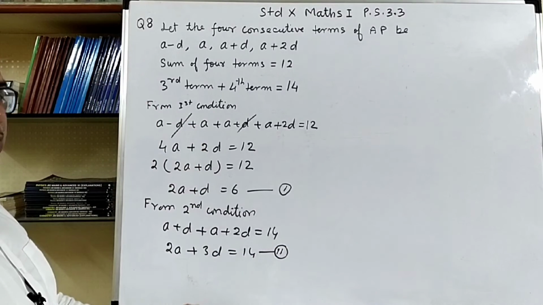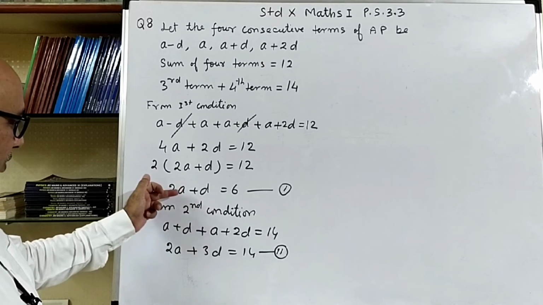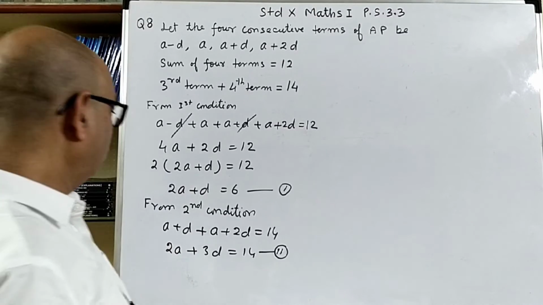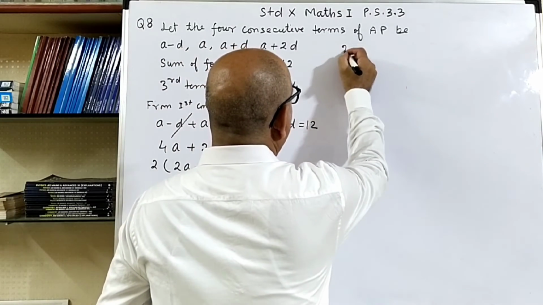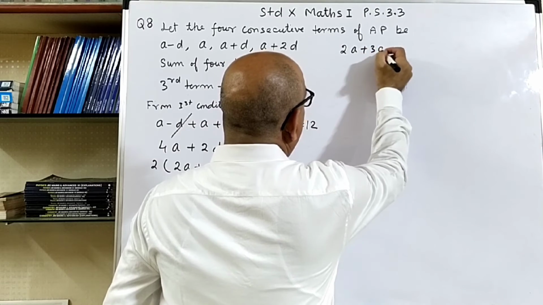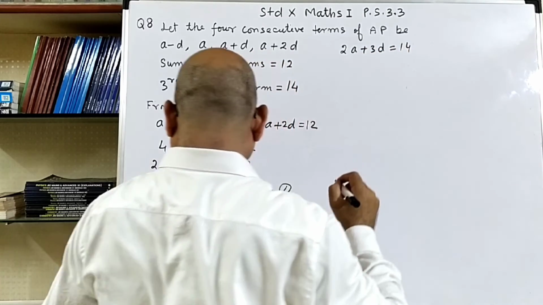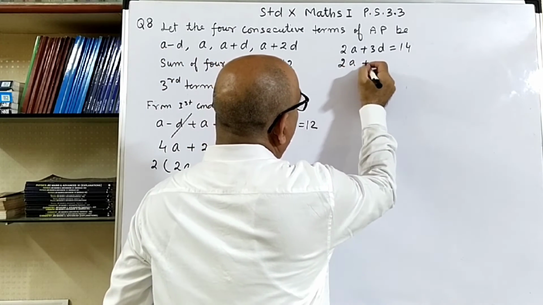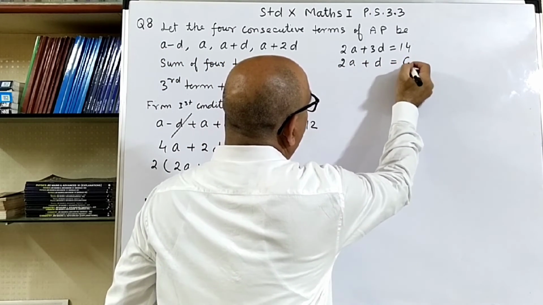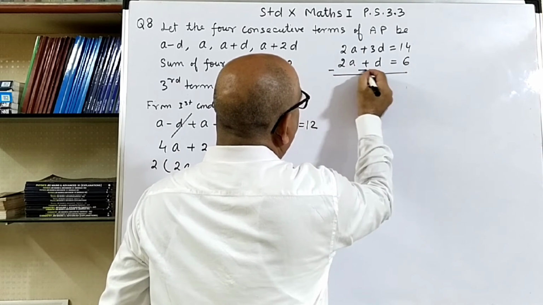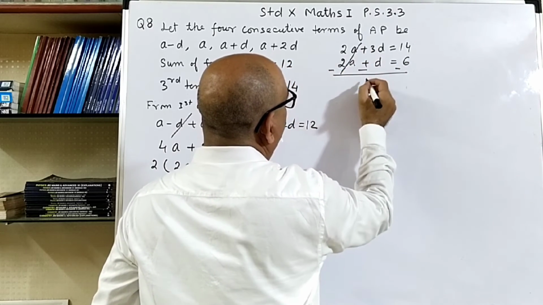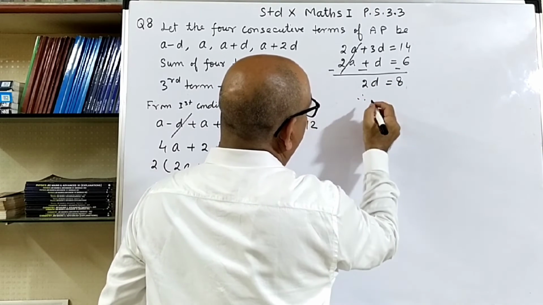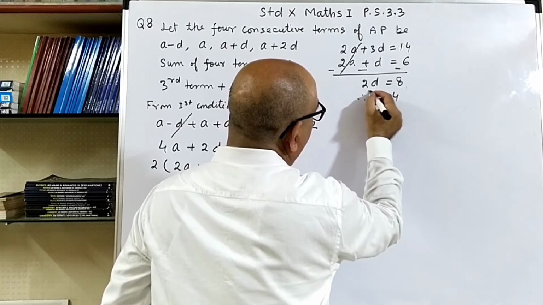We will solve these two equations to find the value of A and D. Subtracting equation 1 from equation 2, that means 2A plus 3D is equal to 14 and 2A plus D is equal to 6. Change the sign while subtracting. This is cancelled out. 2A is equal to 8. There 2D, therefore D is equal to 4.